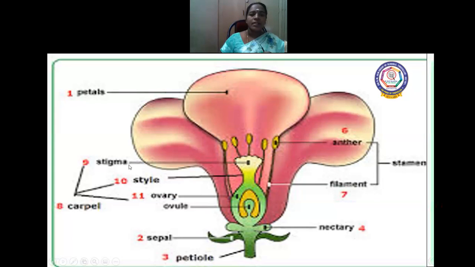Petals, stigma, style, ovary, and ovules. This we can say is a carpel, and it is the female part of the flower. Anther, filament. It is the stamen, the male part of the flower.